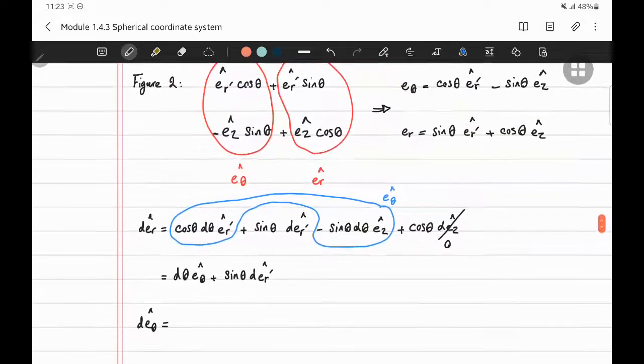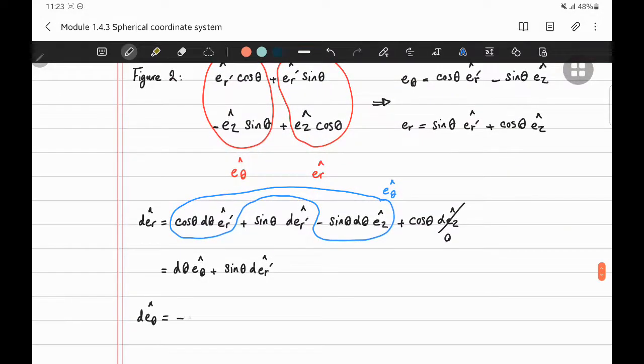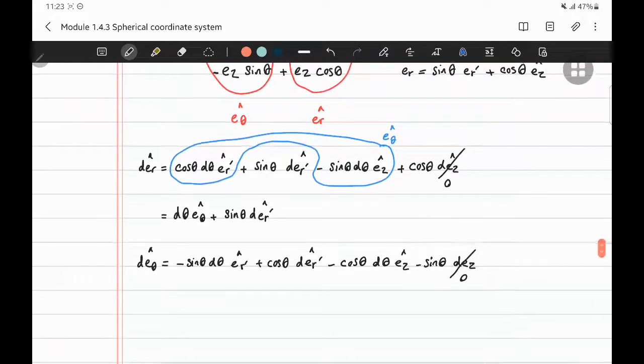So it becomes minus sine theta d theta er prime plus cosine theta d er minus cosine theta d theta e z minus sine theta e z d z, and this term is 0.